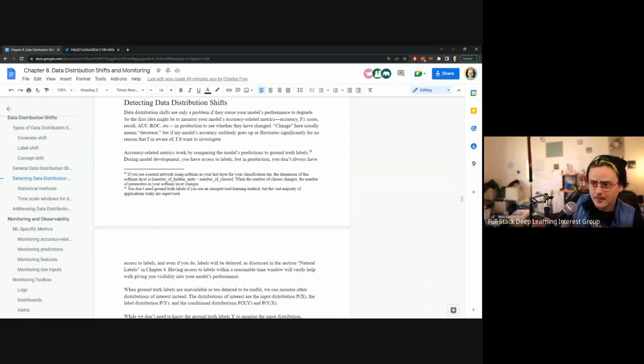If you have labels, you can just check whether the model's doing well and check these metrics, and then guess that it's due to a distribution shift and try to resolve that issue. But the real problem is that you generally don't have access to labels in your production setting.